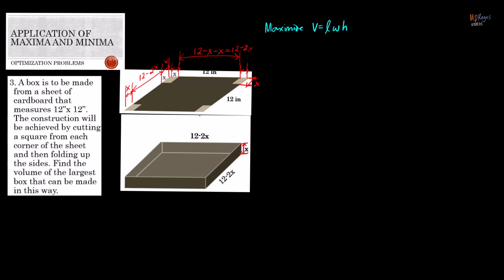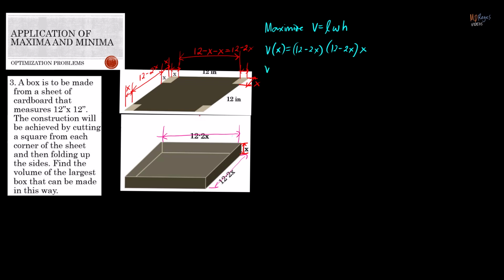But we have to write the volume in terms of one variable only, and we can do that because the length is written in terms of x, and also the width is written in terms of x, and also the height is written in terms of x. So V in terms of x is equal to length 12 minus 2x times the width 12 minus 2x, and then the height is equal to x. So length times width times height.